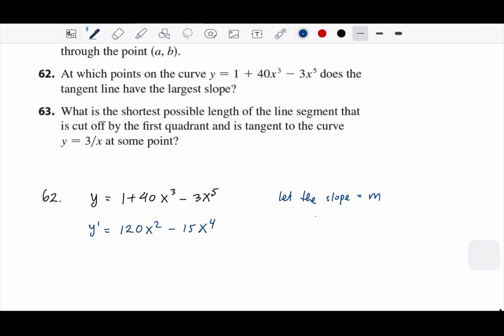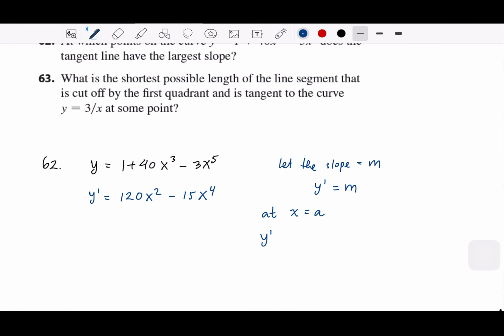And remember that our y prime in every curve will equal our m. And at some x, maybe we can take x equal to a.